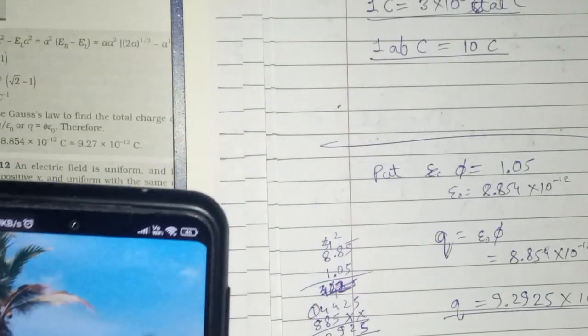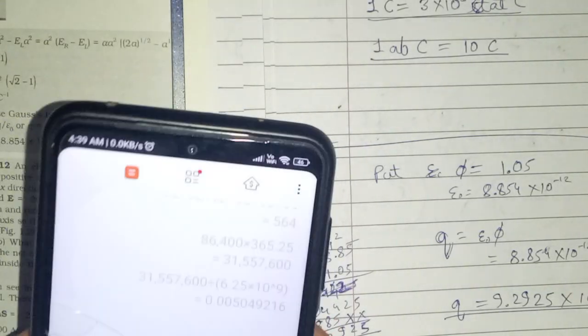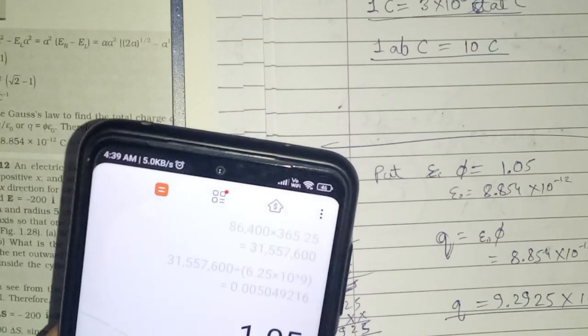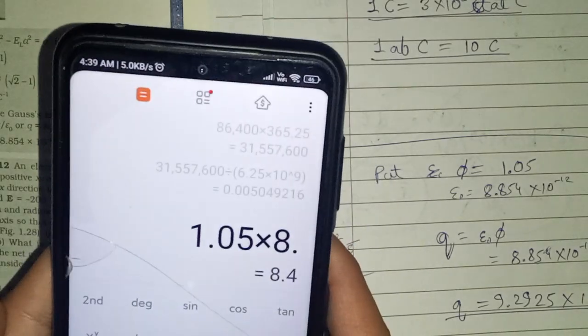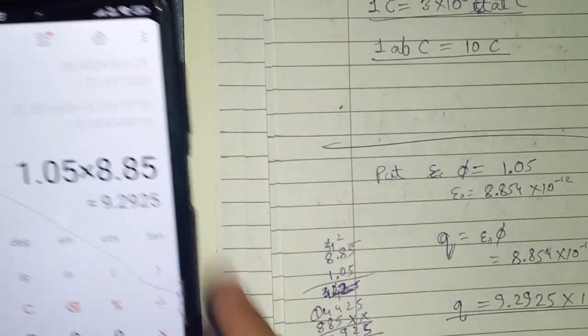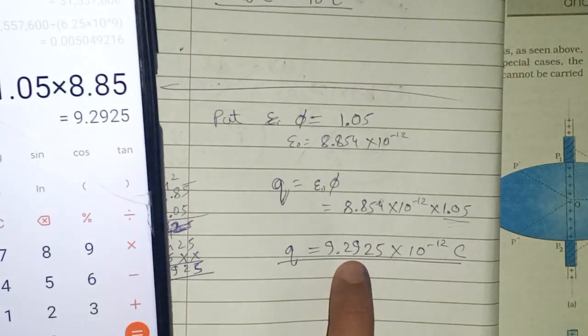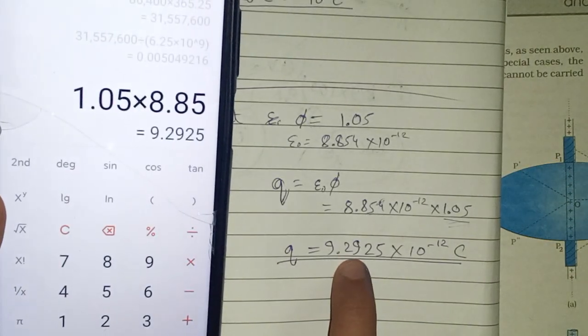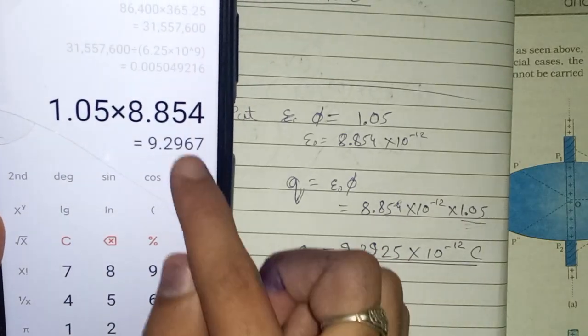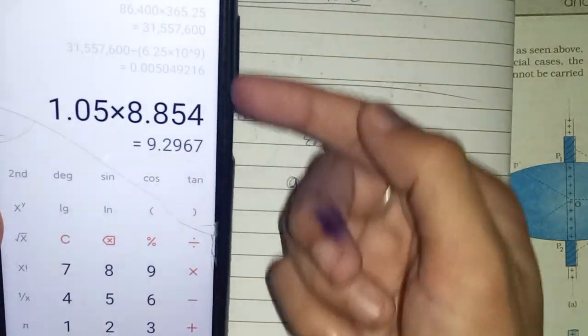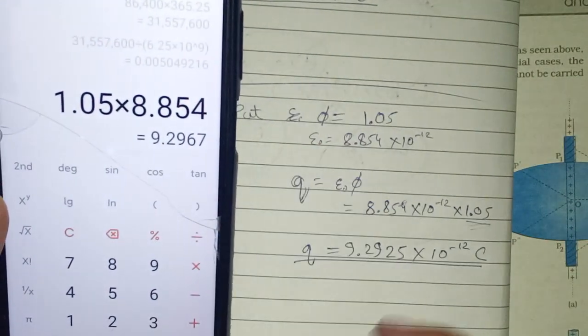Let's use the calculator. 1.05 into 8.85. You can see my calculation is exactly right, and even if we add the 4 also, then it would get even larger.